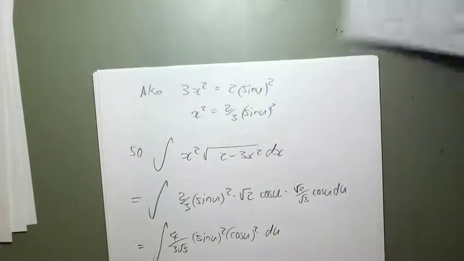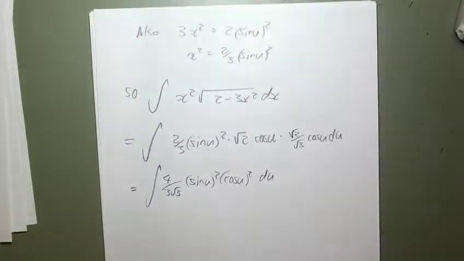But I told you the goal was to try and get to this point. That is not fun. But I'm sure that there'll be some fabulous trig identities that will do the trick. There'll be 2 of them.